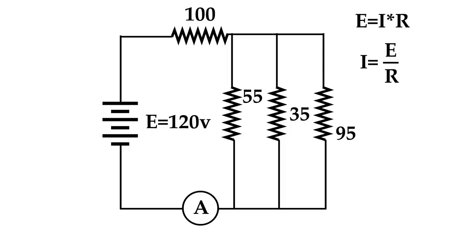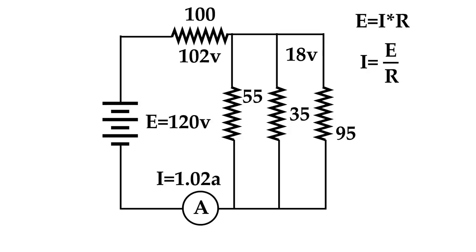Now that we have all this information, the current in this circuit is 1.02 amps. The voltage drop across the 100 ohm resistor is 102 volts, and the voltage across the 3 parallel resistors is 18 volts.